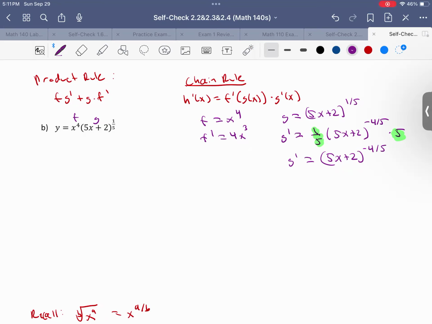Okay, so let's go ahead and put all this back into our product rule.